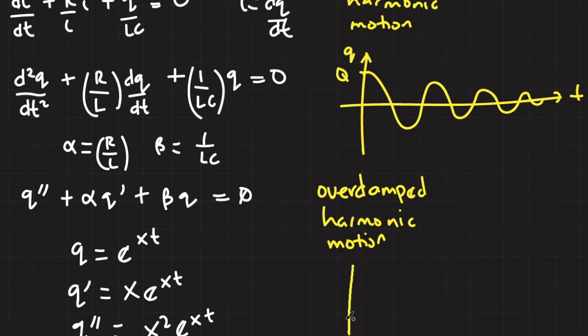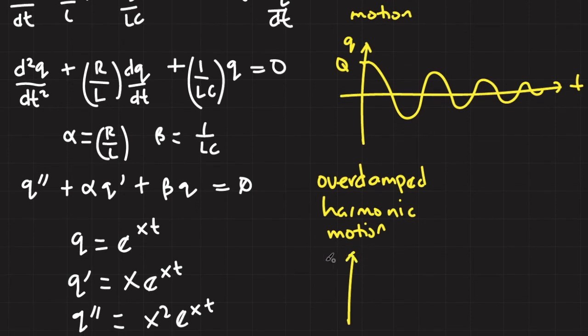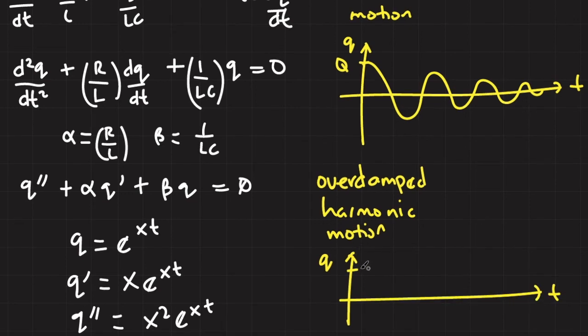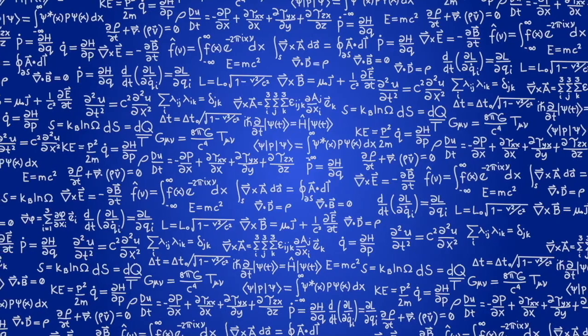For example, this axis is your charge and this x-axis refers to time. The accumulation of charge in any component dies down rapidly even before the entire system has a chance to oscillate.